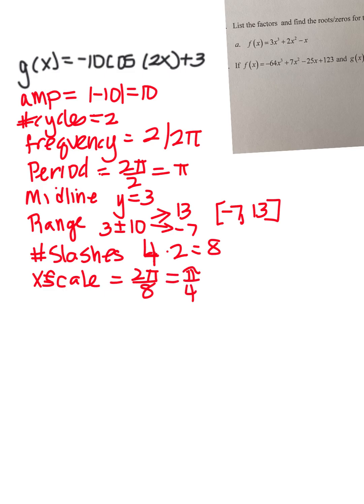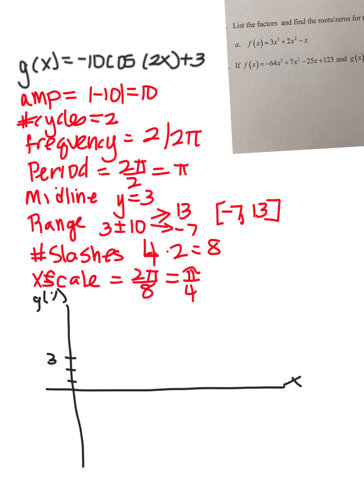Okay, so let's start our graph. So notice that our midline is up at 3. All right, so we have 1, 2, here's 3. There's the midline. And then we're going up 10. So 4, 5, 6, 7, 8, 9, 10.